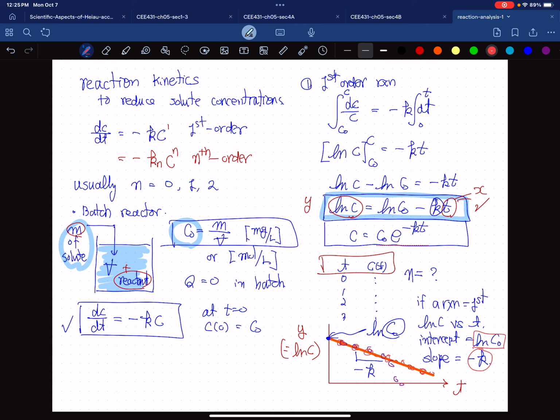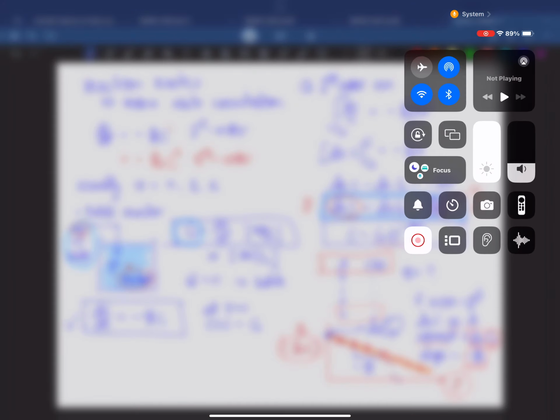Sometimes we do not know C naught, because if the data is available only from a certain intermediate position, then the intercept can also give you an estimated initial concentration. But the key point is that the slope is negative K, after you make sure that all the data are aligned in this log C versus time plot.